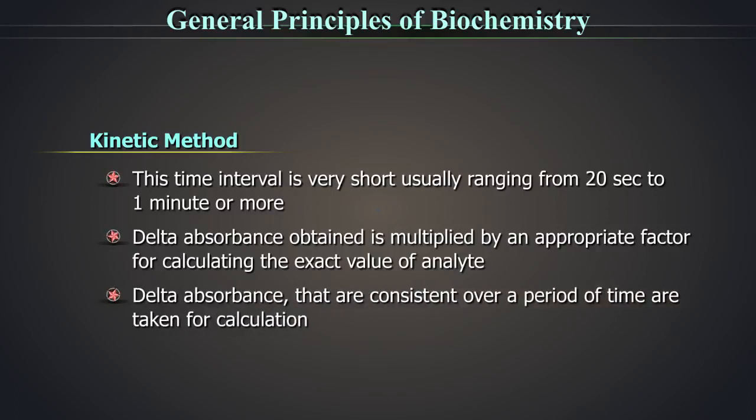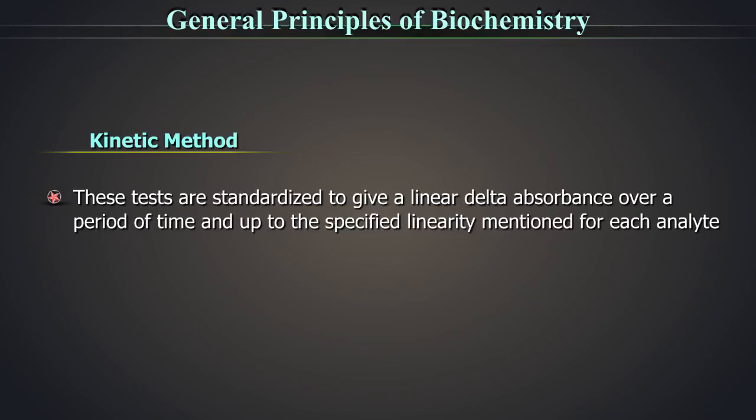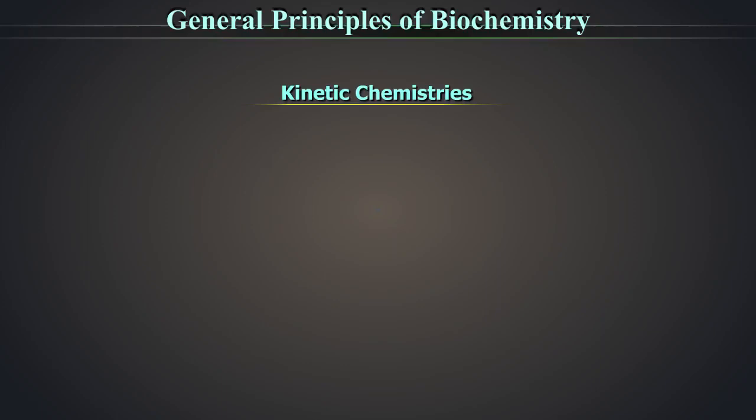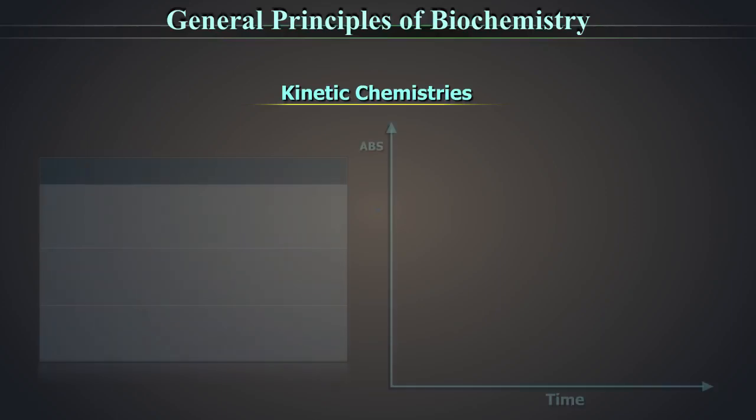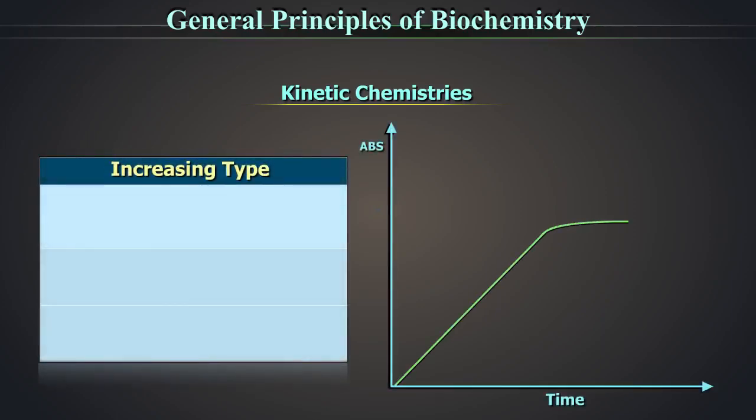The delta absorbance values that are consistent over a period of time are taken for calculation. These tests are standardized to give a linear delta absorbance over a period of time and up to the specified linearity mentioned for each analyte. Kinetic chemistries could be classified as A. Increasing type.